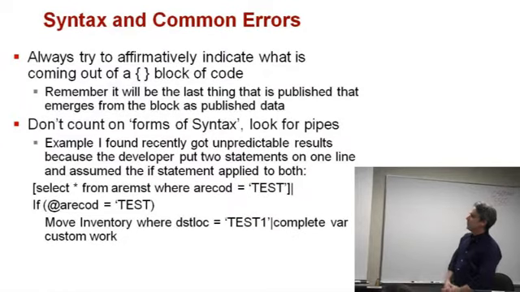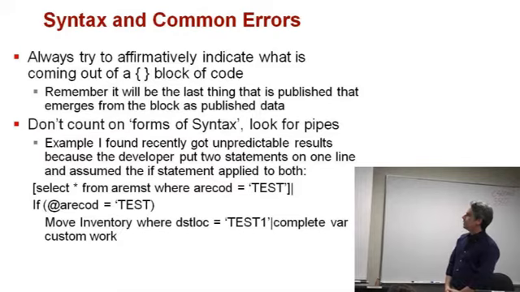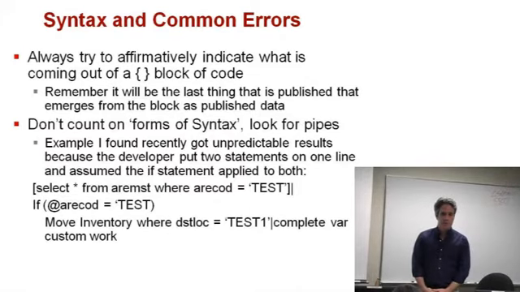Okay, some things, and we've talked about this in previous modules. Always try to be affirmative about what's coming out of a bracket block. It makes it easy for the next person in there looking to see what you're trying to do. If you aren't affirmative about what comes out of there, I would, as a developer, say you don't care what's coming out of there.